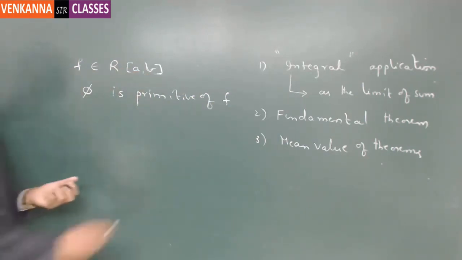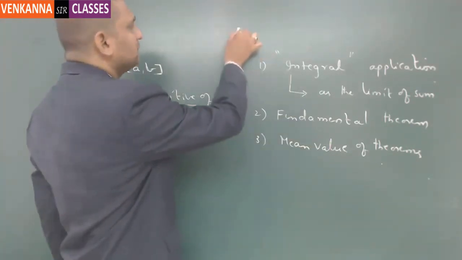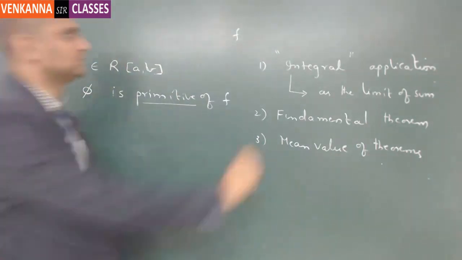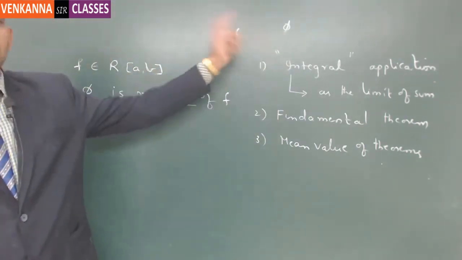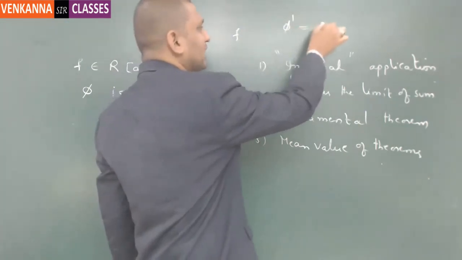Do you know the definition of primitive? Yes or no? The definition of primitive. Primitive is nothing but, let me say, you have taken a function f. The function phi is called primitive of f if you differentiate phi, you will get f.